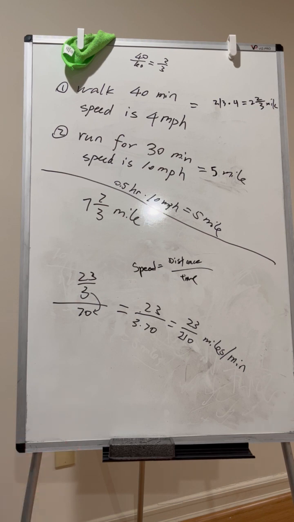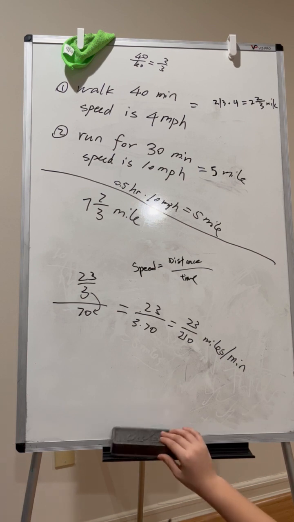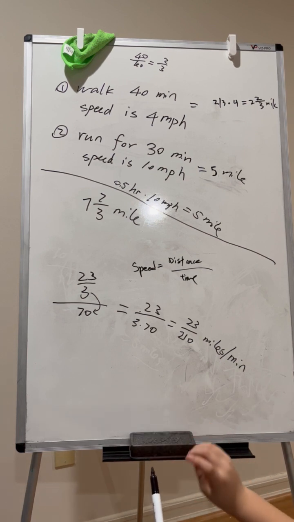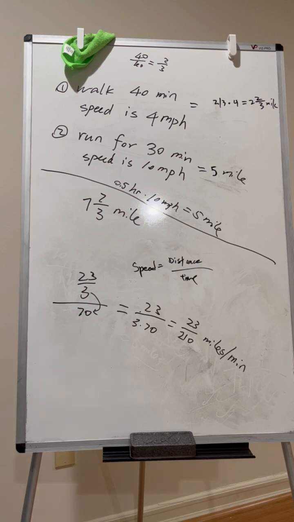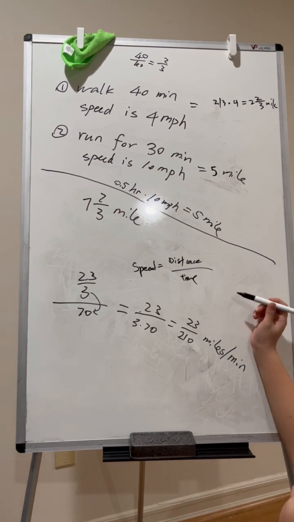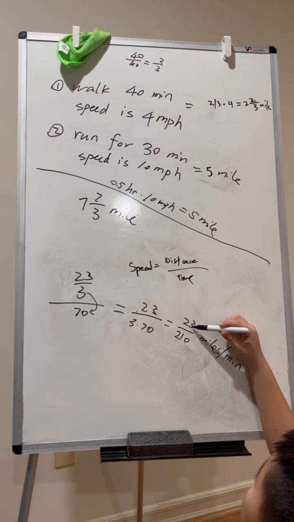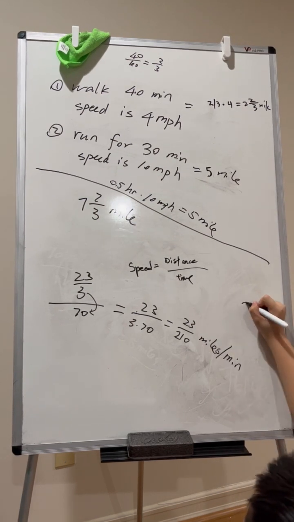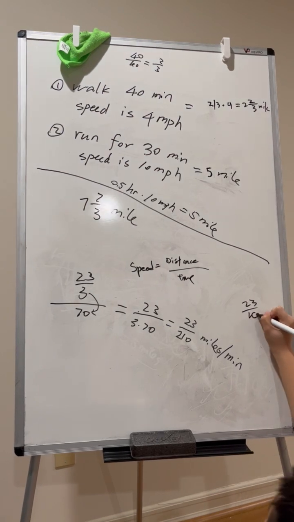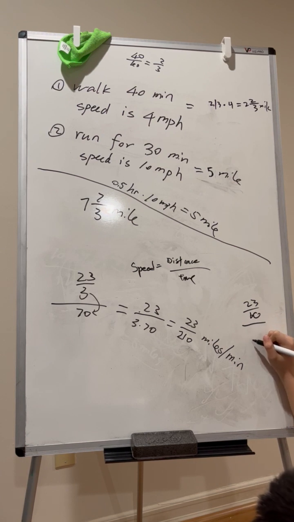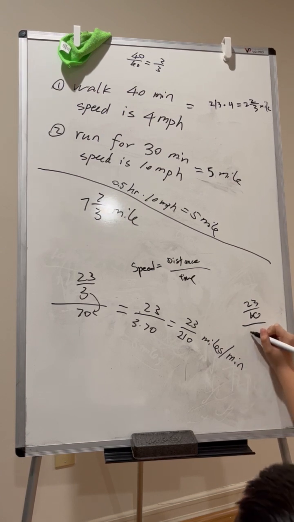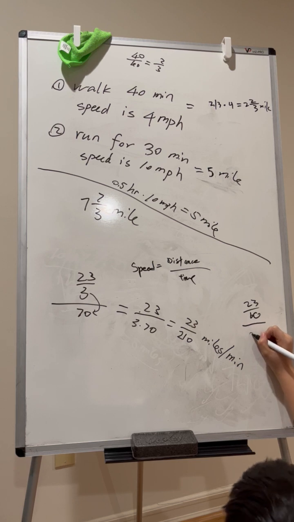I don't need to know miles per minute, I need to know miles per hour. Tell me what is the result of miles per hour? 23 over 60.